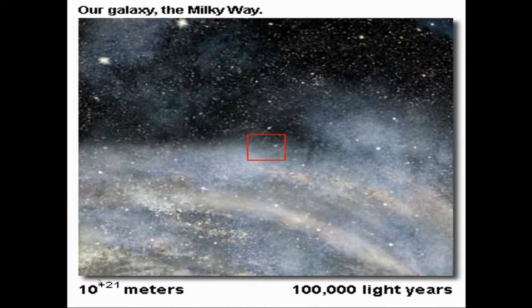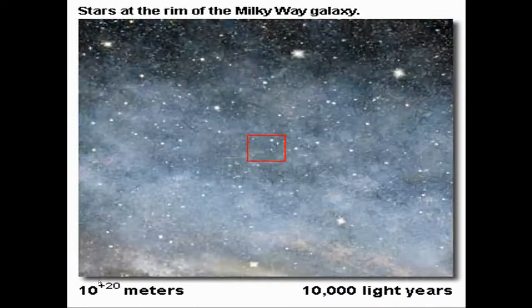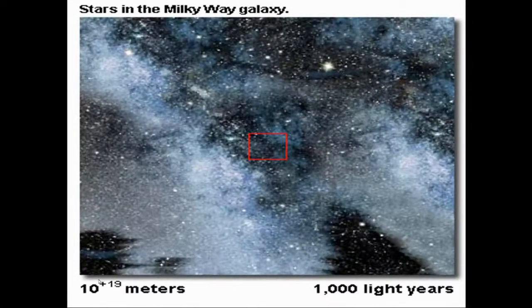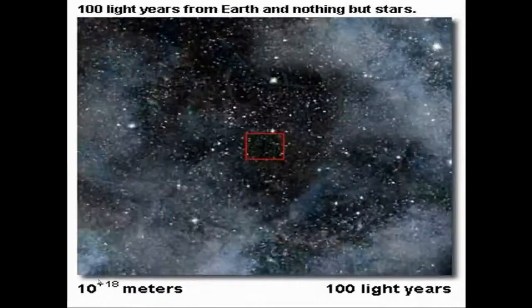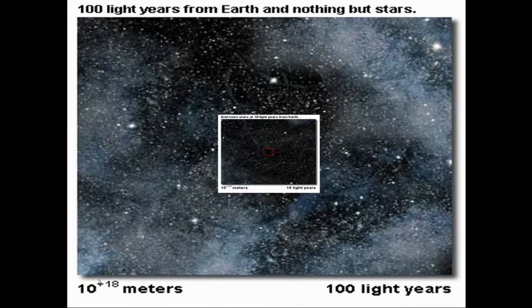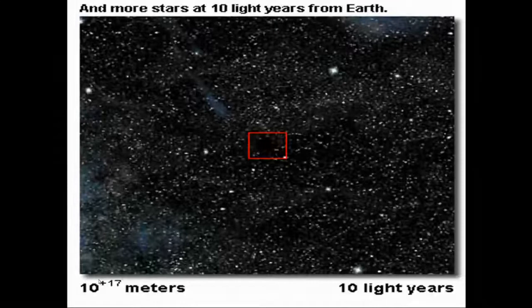And 100,000 light years is the size of our own galaxy. You zoom in or dive, and you see dust, gas, and stars. Again, this is about 100 light years away from the Earth, nothing but stars and dust and gas.